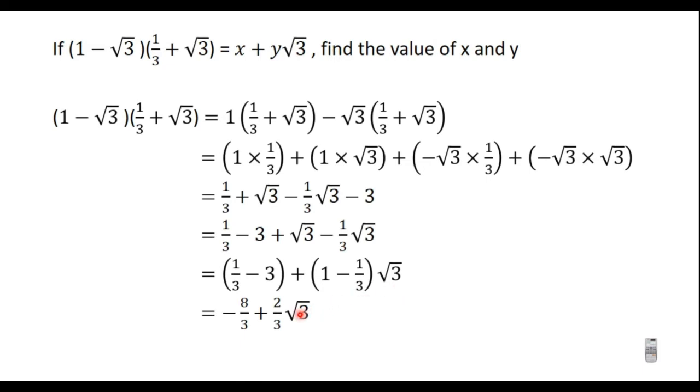Now look at something. You can see from here that the question said this one is equal to x plus y root 3. What it means is that you express it in such a way that you are going to have a number plus another number times root 3. And that is exactly what we have done. We are having minus 8/3, which is a number, plus 2/3, which is the other number, then square root of 3.